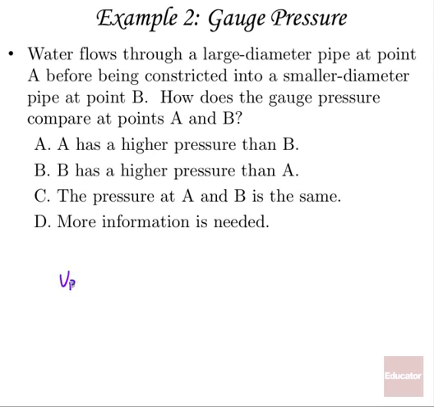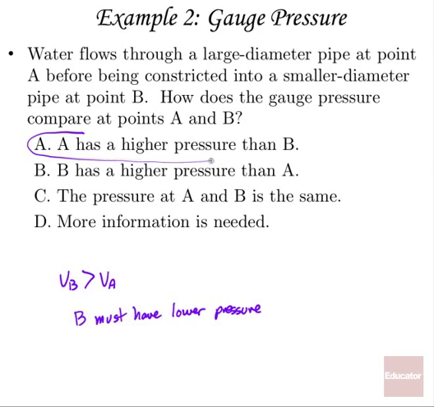So the velocity at B must be greater than the velocity at A. We know that from our continuity equation for fluids. If it's going faster at B, then B must have lower pressure than A. Therefore, A must have a higher pressure than B.